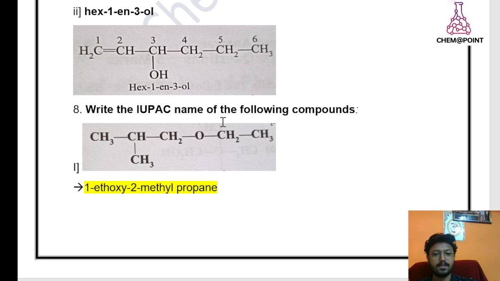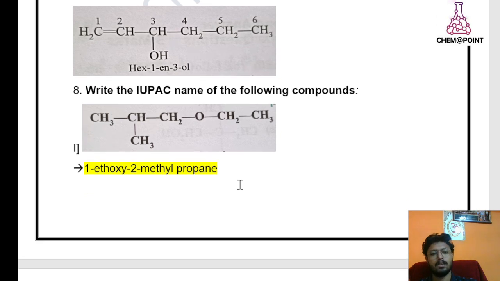And write the IUPAC name of the following compound: 1-ethoxy-2-methylpropane. Okay, 1-ethoxy-2-methylpropane. In the ether, ROR, just look at which alkyl group has fewer carbon atoms. The one with fewer carbon atoms comes as the prefix.